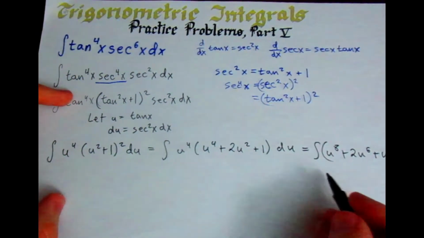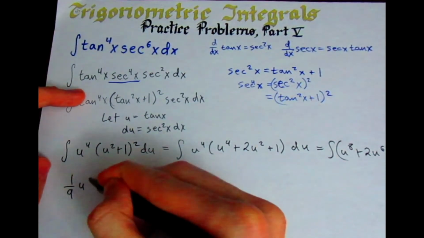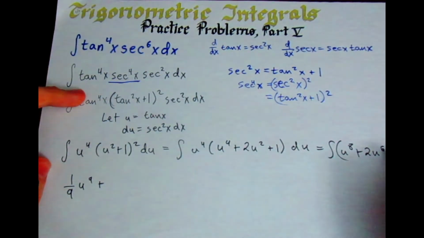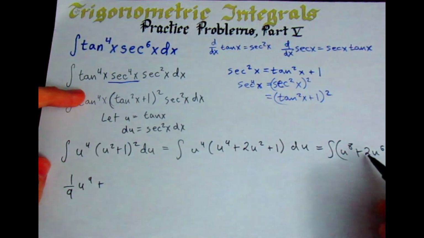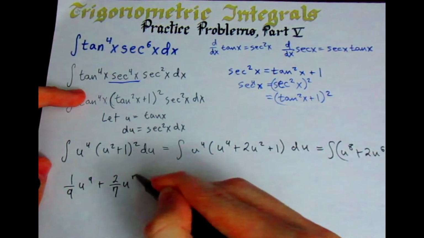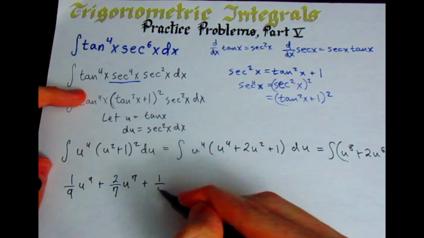And then using simple power rule, that equals 1/9 u to the 9th plus 2/7 u to the 7th plus 1/5 u to the 5th plus c.